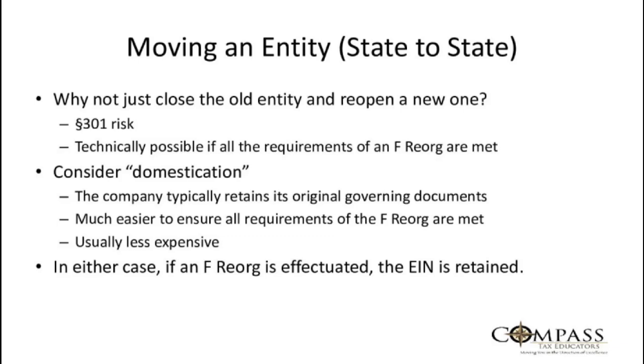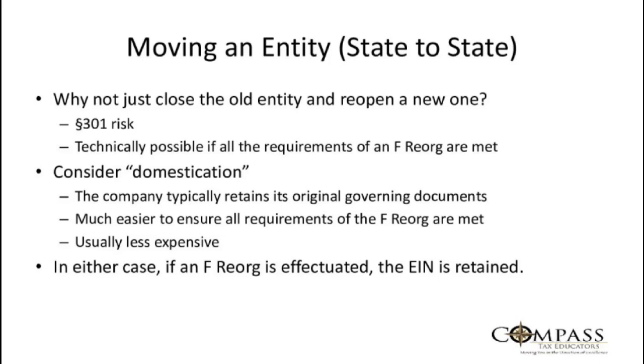You fill out that paperwork with Delaware, and then you file some paperwork with the state of California saying, hey, we want you to release our entity to Delaware. In this domestication process, you are going to retain the original governing documents of the entity. That's a way for you to ensure that all of the provisions are effectively the same, all of the stock ownership is the same, and you end up meeting all of those requirements of the F reorganization when you do this domestication.